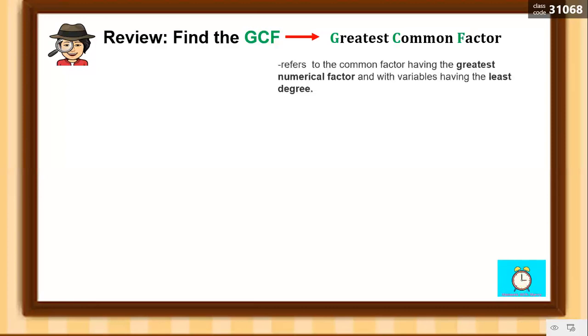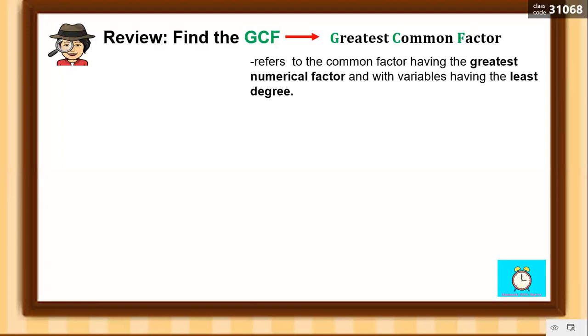Can you read it too? It refers to the common factor having the greatest numerical factor and with variables having the least degree. Okay, very good. Johan also mentioned this. You are going to identify the greatest numerical factor, but this time we include the least degree.